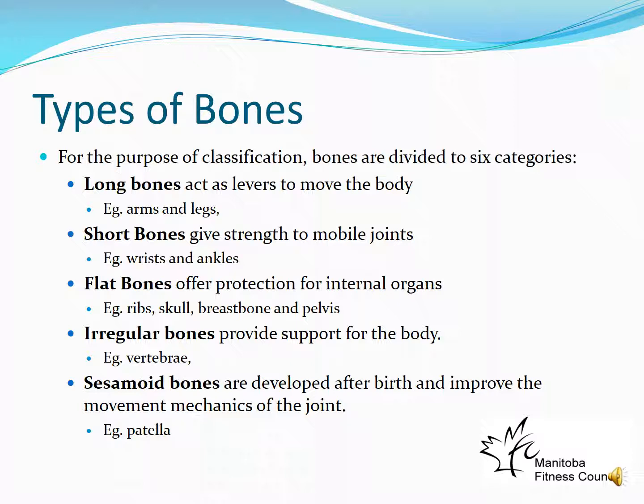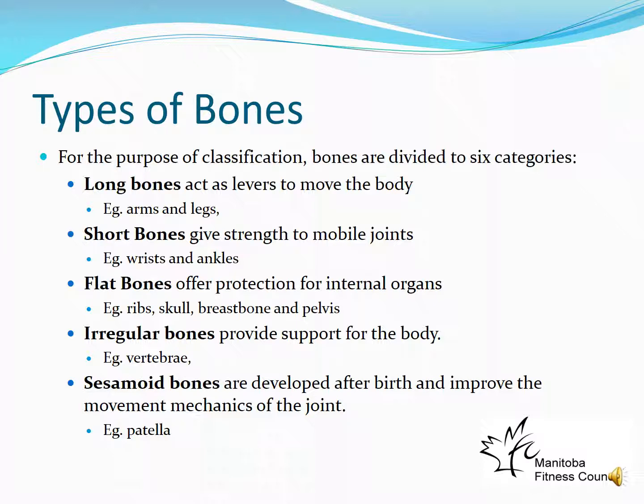Our fingers actually also will serve as long bones. In the lower extremity, our long bones are going to be our femur, our tibia, and our fibula. These bones mainly are going to work as levers. So muscles are going to pull on these bones, which are going to cause movement to occur.